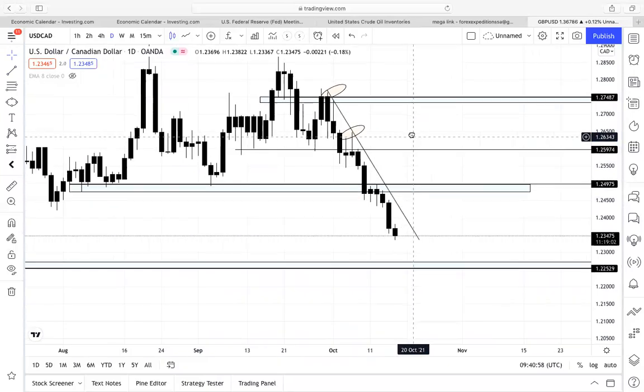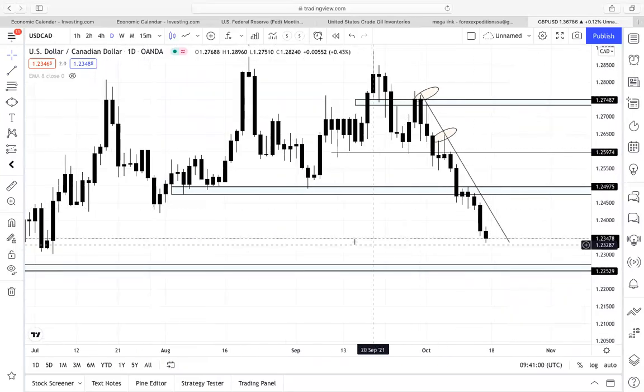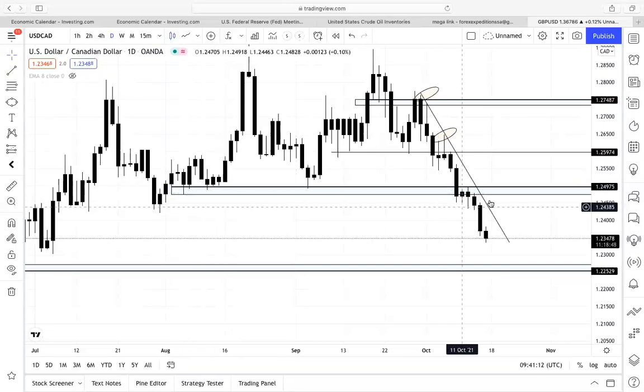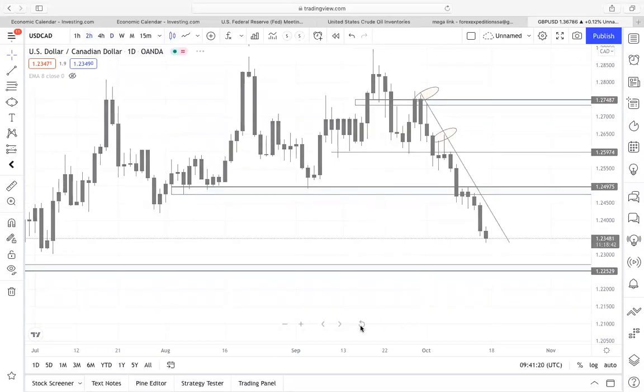Price bounced there. Now, I want to show you guys something. When price stopped at this point, this point, this point, this point, what did the price stop with? It stopped with the wick, right? Yeah. But with this one, price closed below with the candle. It broke through. So that means in this case, you do what?